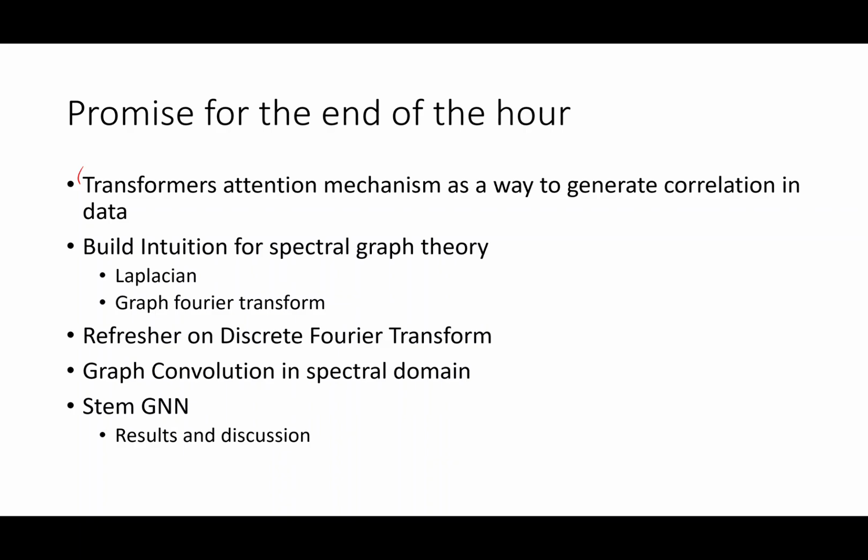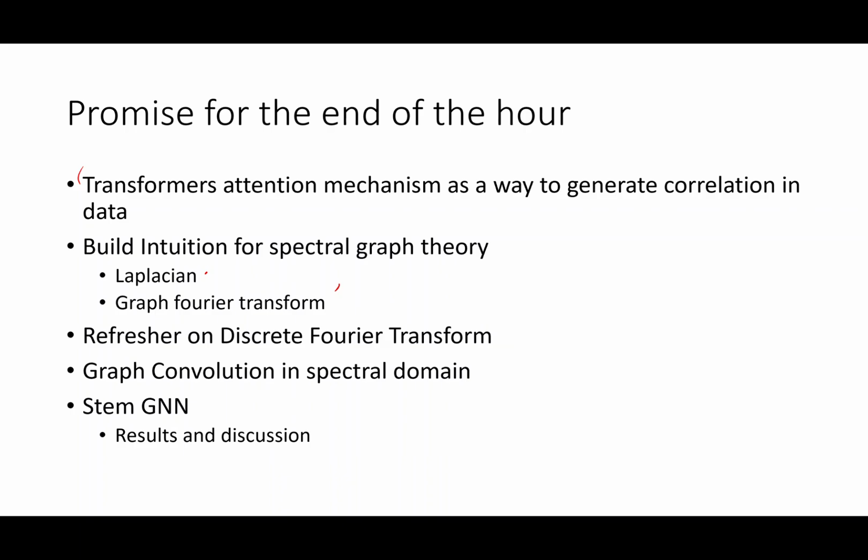We'll build intuition for spectral graph theory. Okay, so this seems important. We'll understand the Laplacian. We'll understand the graph Fourier transform. And from the graph Fourier transform, it's only natural that I give you a refresher of how the discrete Fourier transform works, how Fourier transform usually works in time series, in audio and signal processing.